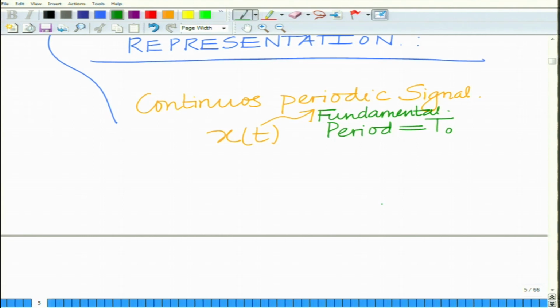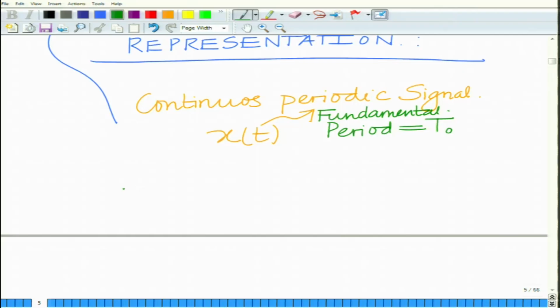Then it says that this x(t) can be represented as the sum of complex exponentials. That is, if x(t) is a continuous signal and periodic with fundamental period T naught, then it can be represented as the sum of complex exponentials as follows, and that is basically the Fourier series representation.